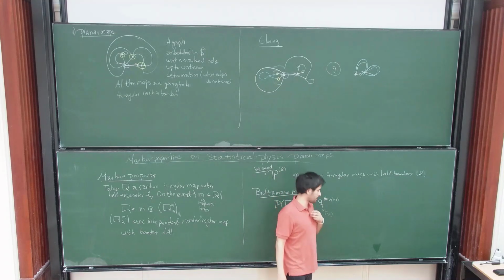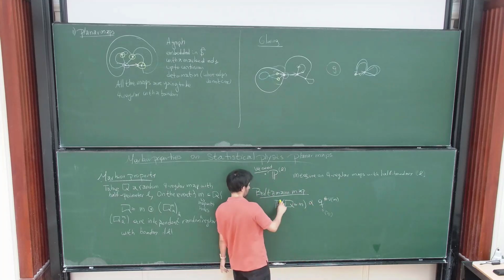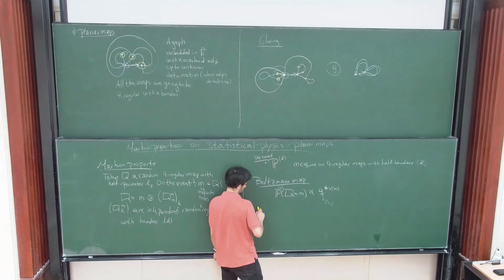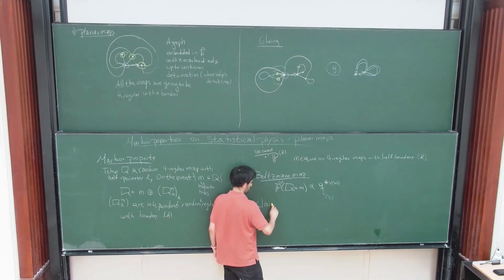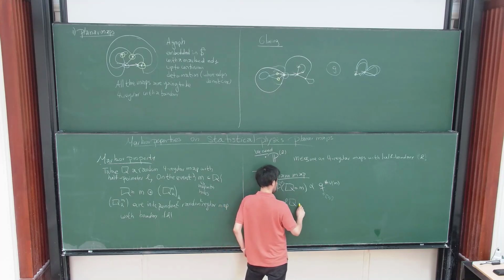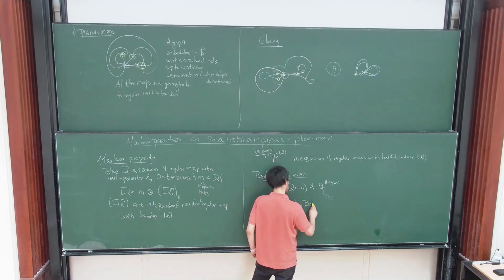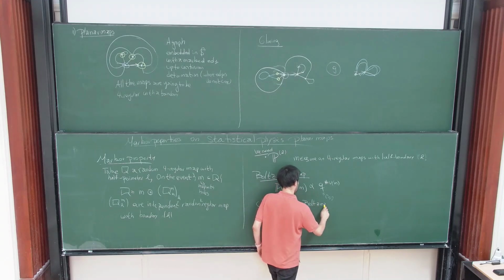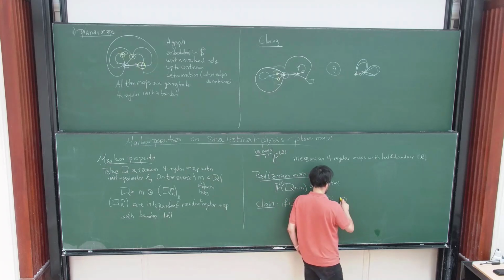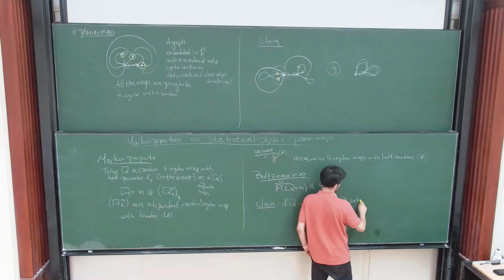And I claim that, with p depending on n, if q is Boltzmann, then q satisfies the Markov property.